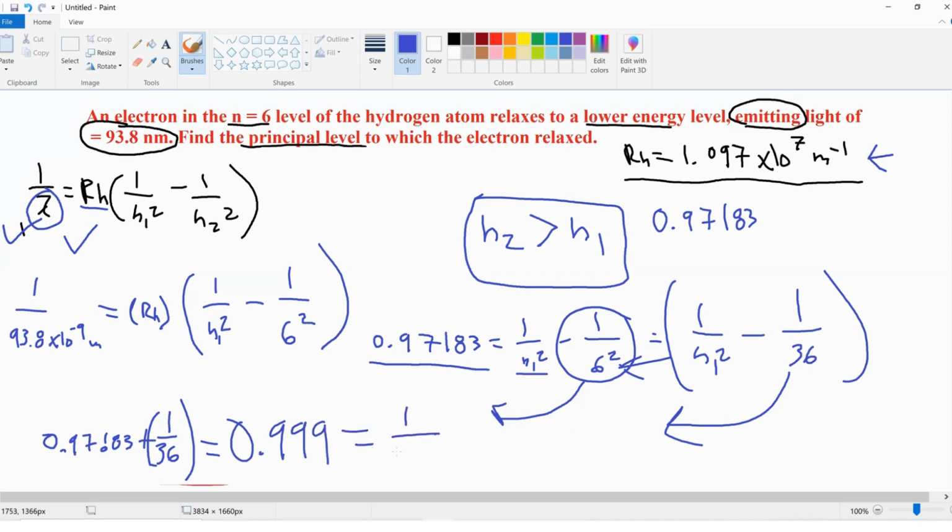This is 1 over n1 squared, but now that I'm seeing this, I think you're going to see this too.